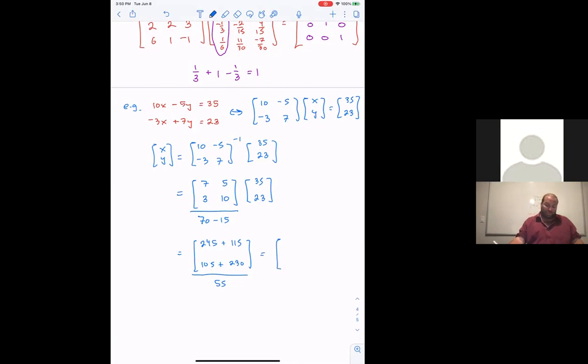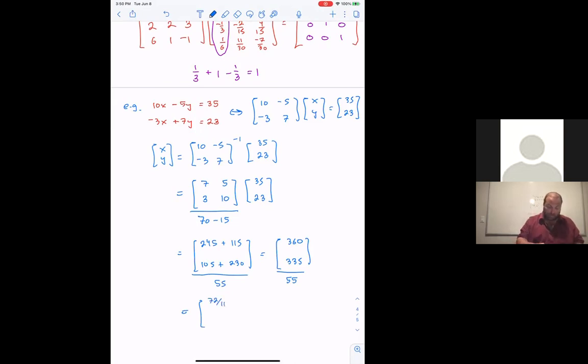245 plus 115 is 360. And then 105 plus 230 is 335 over 55. 360 divided by 55 is some annoying number. My calculator tells me it's 72 over 11.